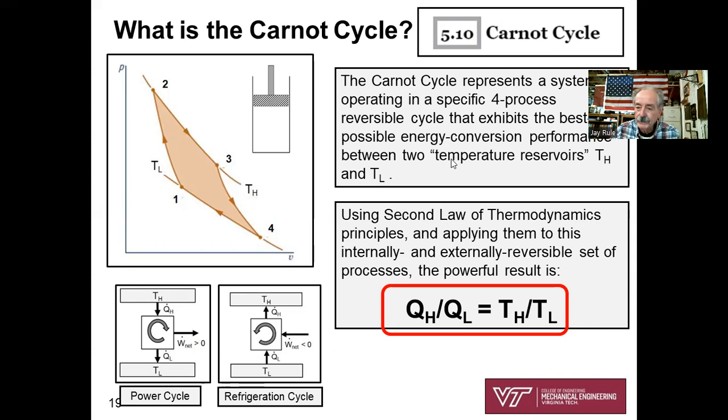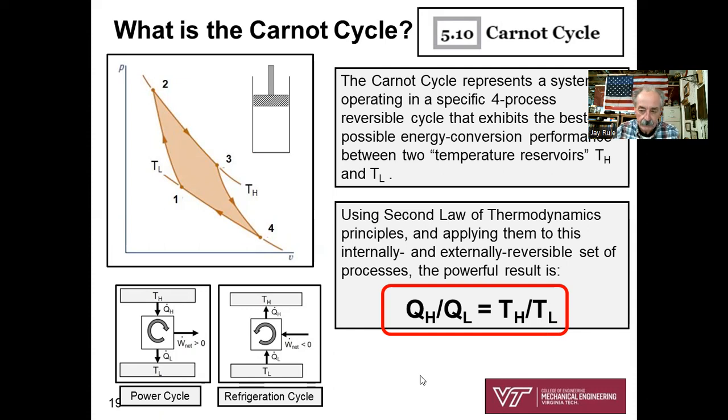And we're operating between 2 temperature reservoirs, TH, T high, and in my world, TL. The book calls this T sub C, or T cold. I'm going to stick with TL because it's the way I learned it. I think you're going to be able to deal with the similarity of TL and TC.